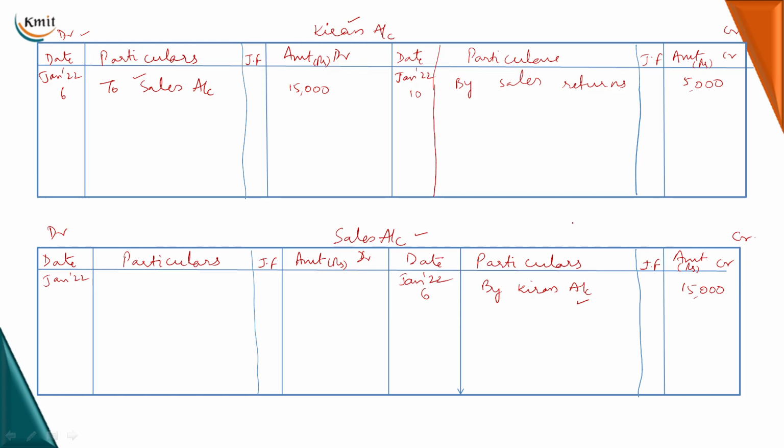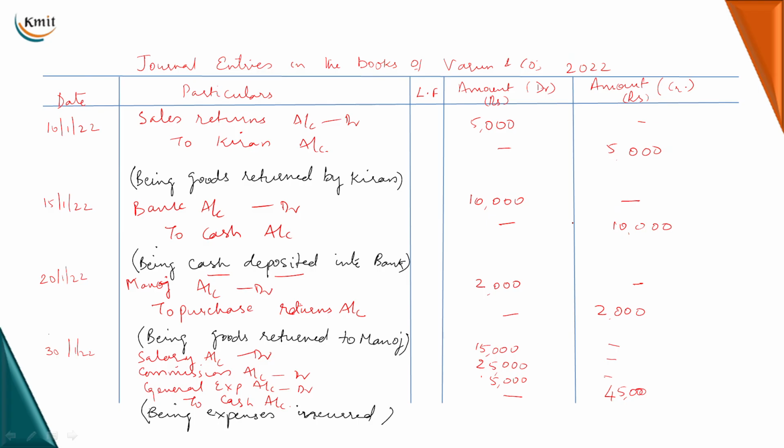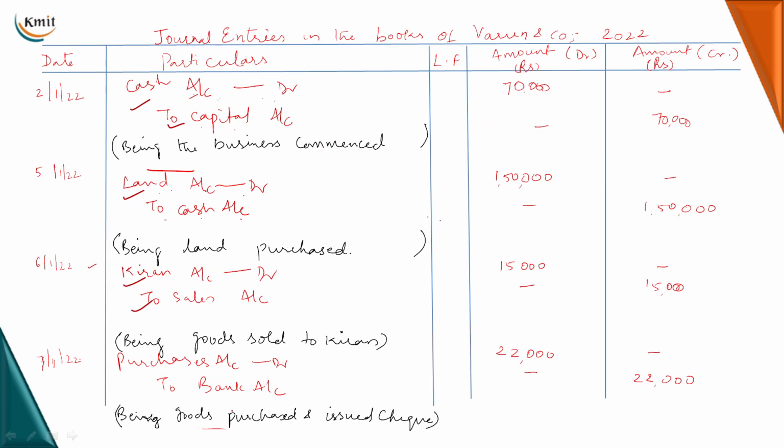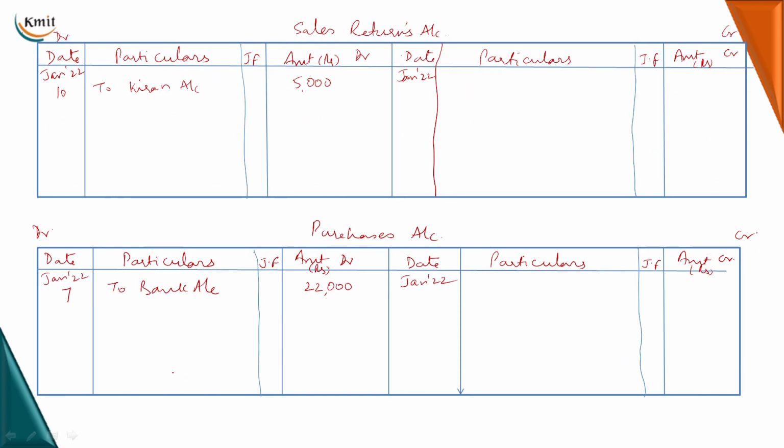Similarly, we will be posting the next one, which is purchases account debtor to bank account. We'll move to purchases account. Here it is.